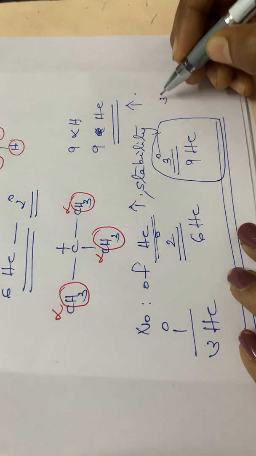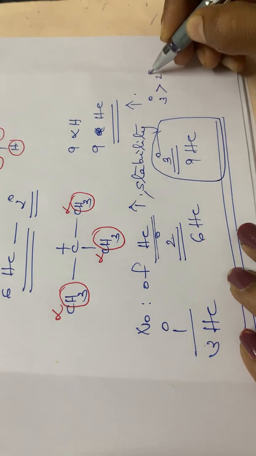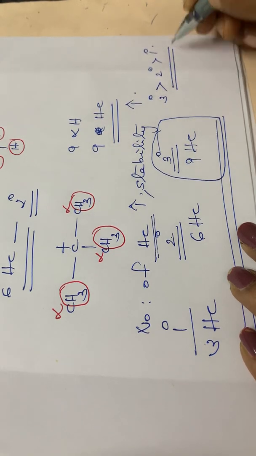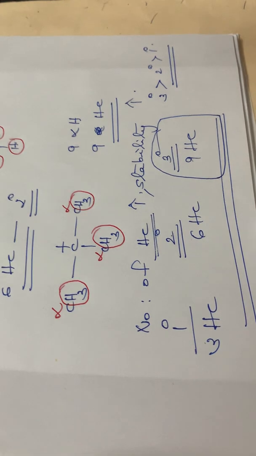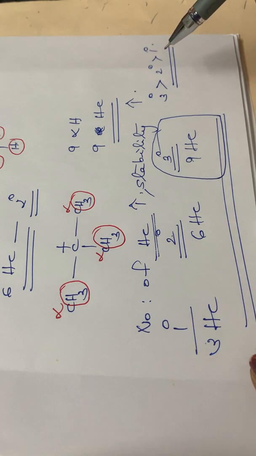So tertiary will be more stable than secondary, which is more stable than primary. So this is regarding the stability of carbocations in terms of hyperconjugation.